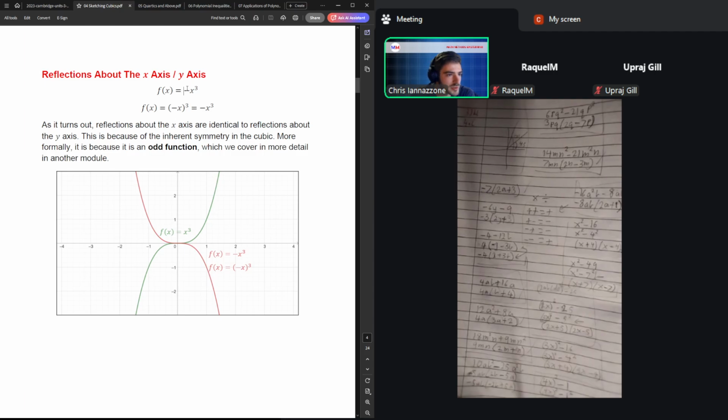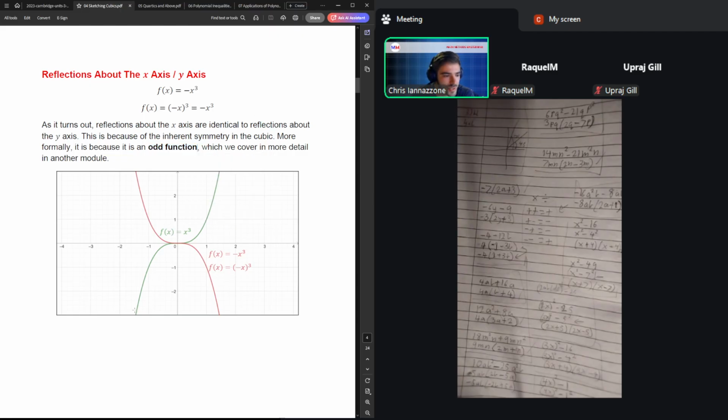Reflections, again, so negatives will cause it to flip. One of the interesting things about the cubic is it doesn't actually matter what type of reflection you have, the result will be the same. Instead of starting from the bottom left and ending at the top right, you will now start at the top left and end at the bottom right. The property that we're looking for here is called an odd function, right?